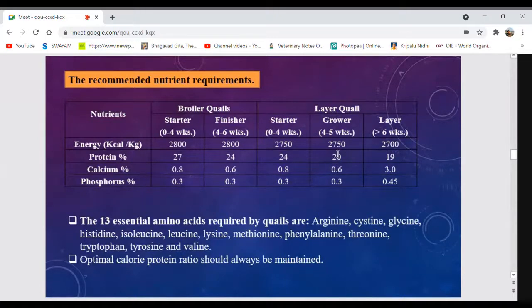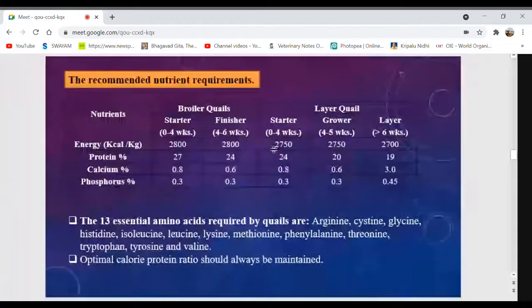And starting also it is high, it is 20, but here it is 24. So this way, protein requirement for Japanese quails is comparatively higher than the commercial layers, that you please remember. Otherwise, energy requirement is more or less similar. It is less, of course, compared to commercial layers.